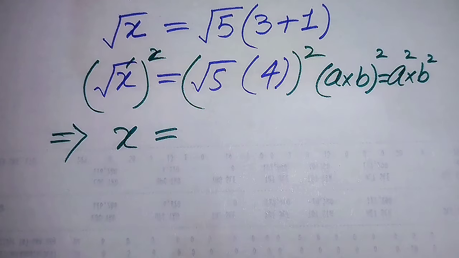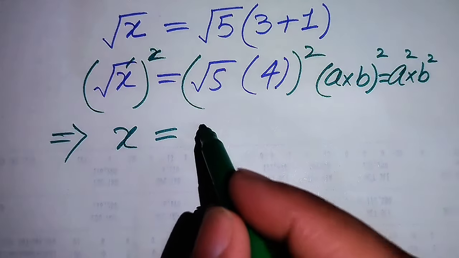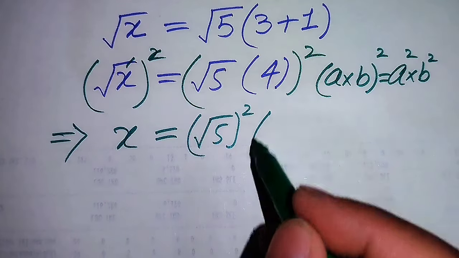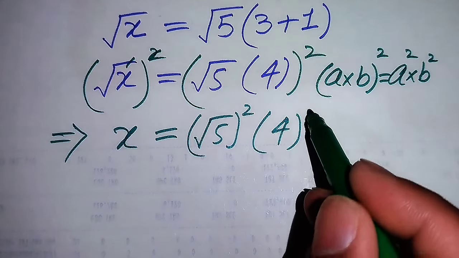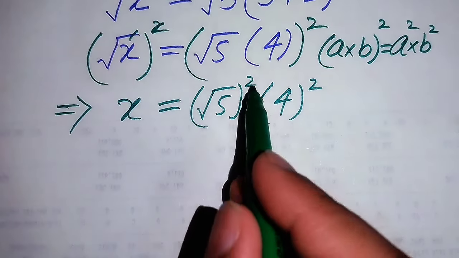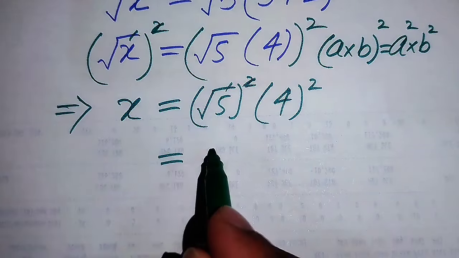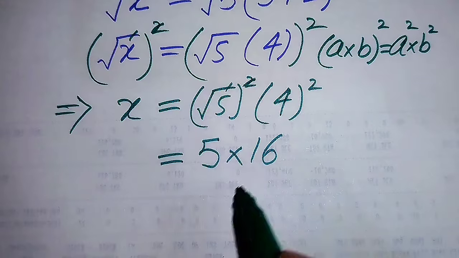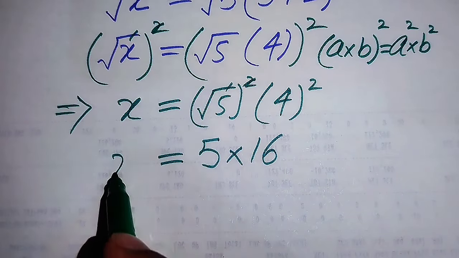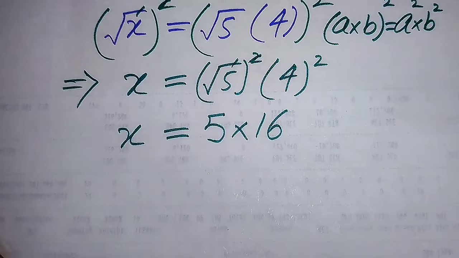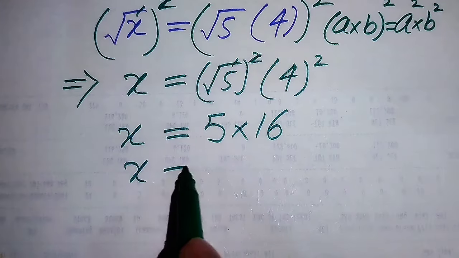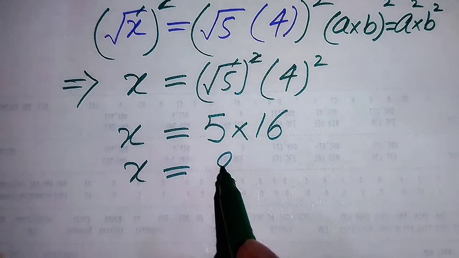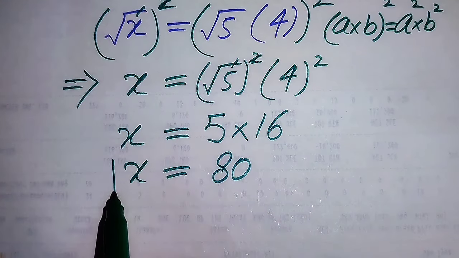Okay, so when we apply the square separately on both of these two values it will be written as square root of 5 and its whole square is multiplied by 4 square. So this 2 and this square root are gone, and we get 5 multiplied by 4 square, which becomes 16, and on the left hand side we have x only. So here we get the value of x is equal to 16 times 5, which is equal to 80.